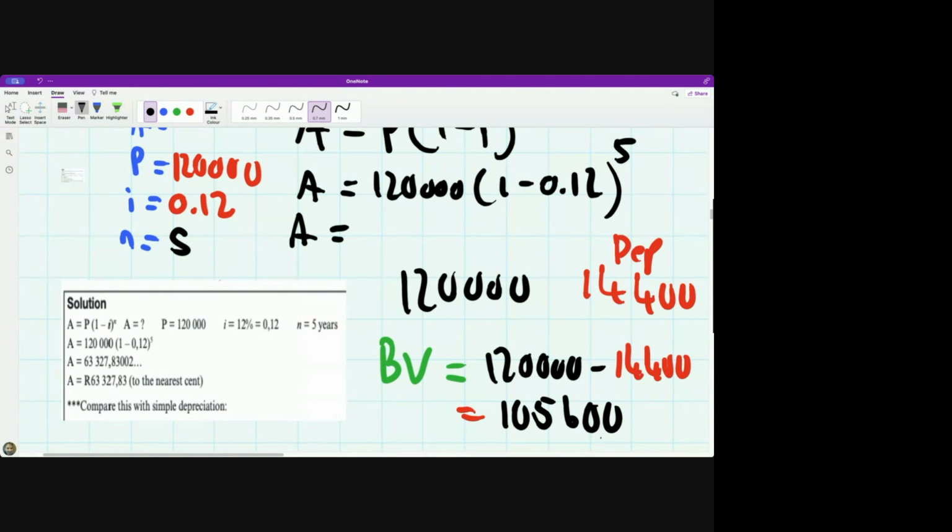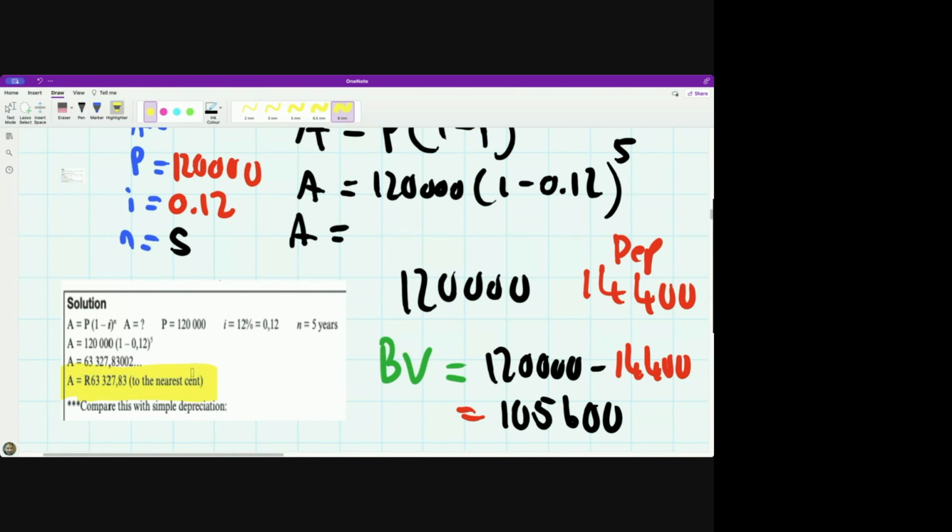Now, when I depreciated for the second year, I depreciated based on the 105,600 or the book value. And that's how it goes. And we do that for 5 years. And that's what the formula gets us. The formula gets us after 5 years, it's only the book value will be that.